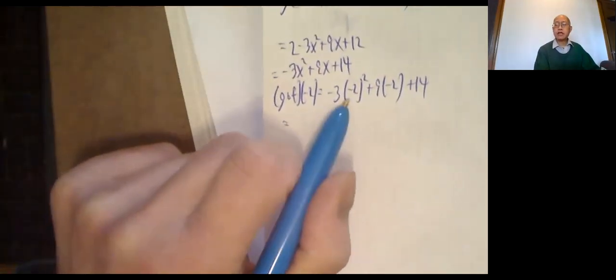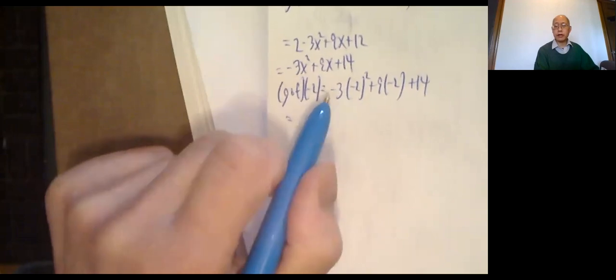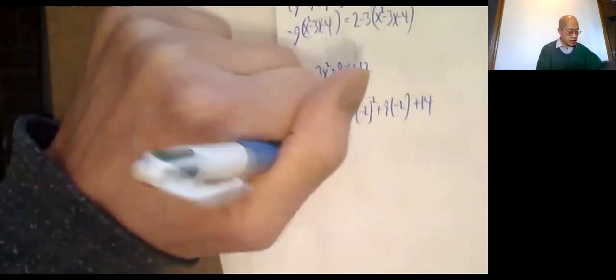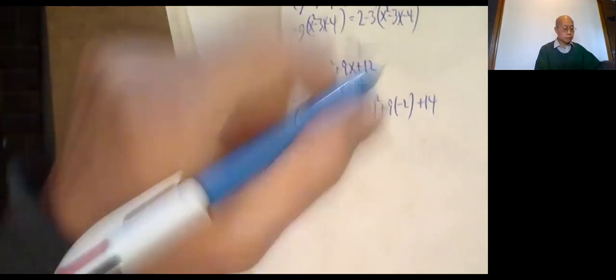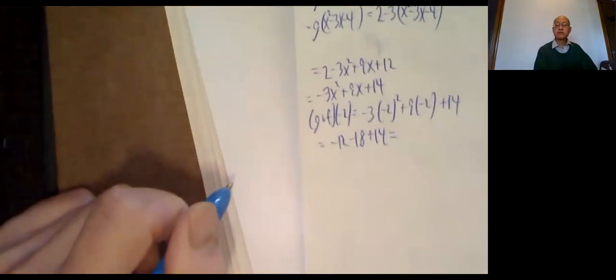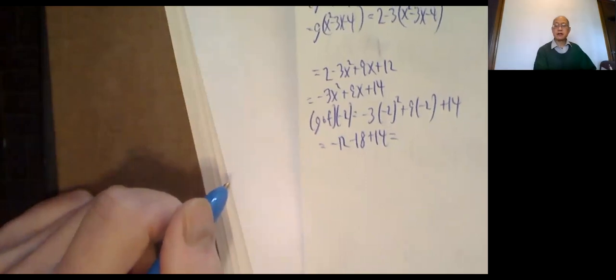Negative 2 squared is 4, so negative 3 times 4 is negative 12, minus 18 plus 14. Whatever that is, negative 16.